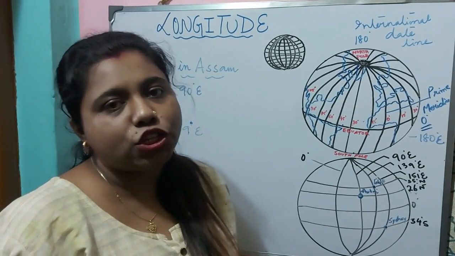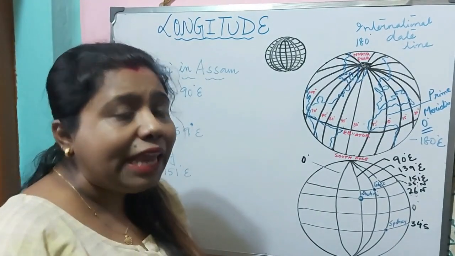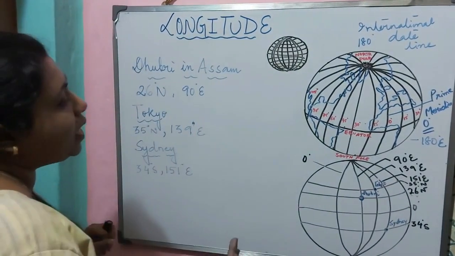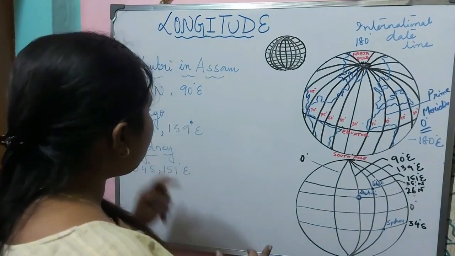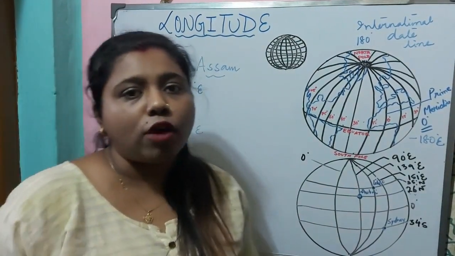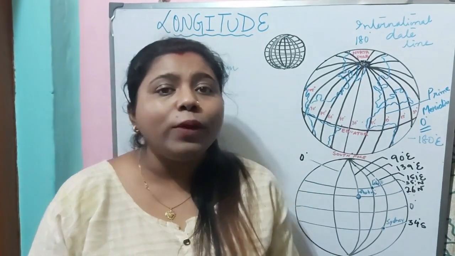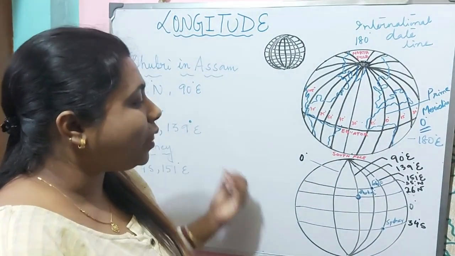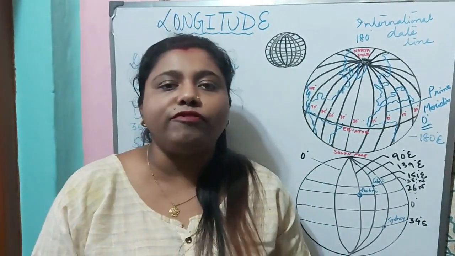Only with the help of latitude we cannot find the place, neither with the help of longitude. We need both the coordinates by which we can easily locate any place on the earth. I hope all of you understood the concept of grid, the concept of longitudes, and how we can locate a place with the help of parallels of latitude and meridians of longitude.